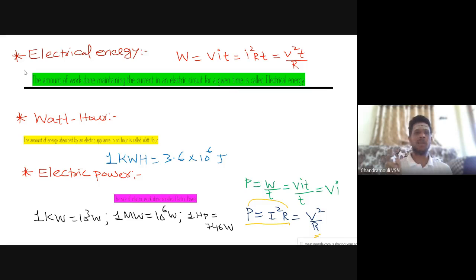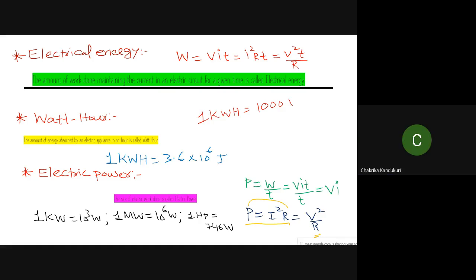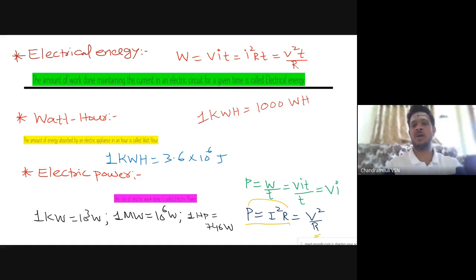Any appliance, like a refrigerator, TV, fan, or tube light, how much energy it consumes in 1 hour is called watt hour. And I wrote there kilowatt hour. So what is meant by kilowatt hour? Kilo means 1000, so 1000 watt hour.